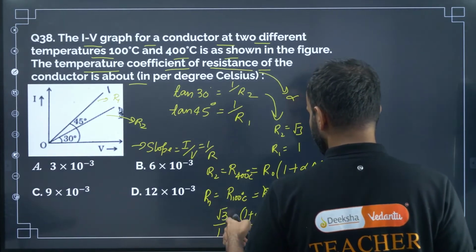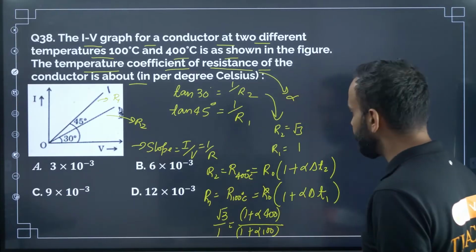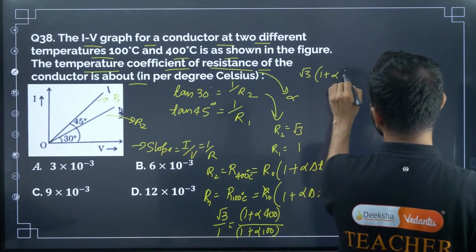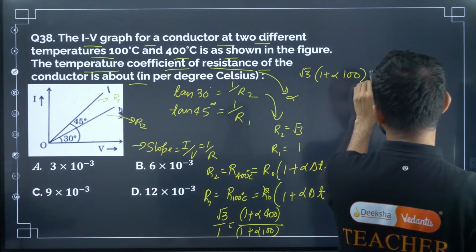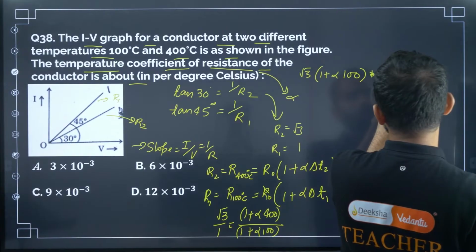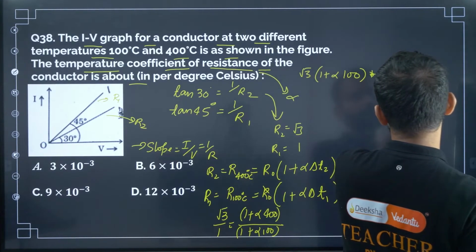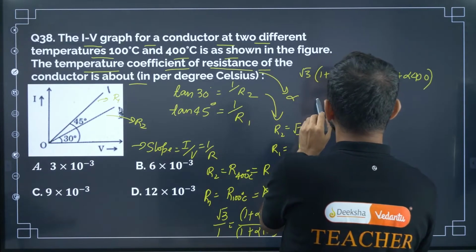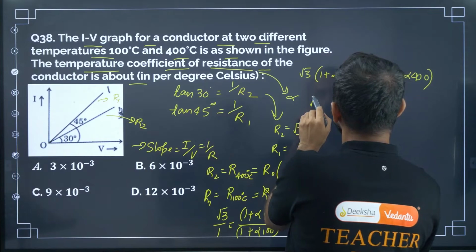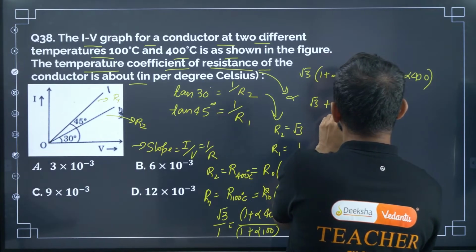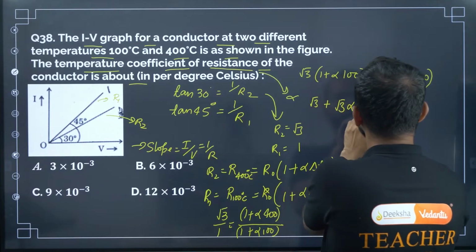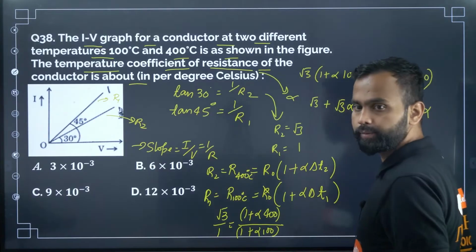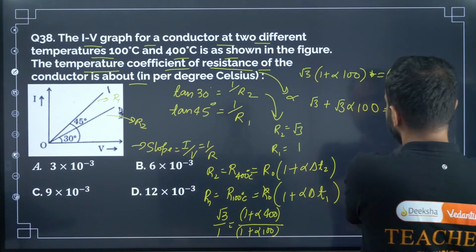Now take 1 plus alpha into 100 to the other side. So root 3 into 1 plus alpha into 100 equals 1 plus alpha into 400. Now we need to calculate the value of alpha. Multiplying root 3 inside the bracket, root 3 plus root 3 into alpha into 100 equals 1 plus alpha into 400.